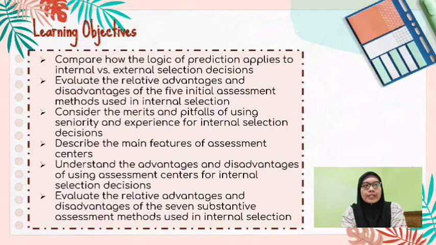The learning objectives for this chapter are that we are able to compare how the logic of prediction applies to internal selection versus external selection decisions. Next, we can evaluate the relative advantages and disadvantages of 5 initial assessment methods used in internal selection.